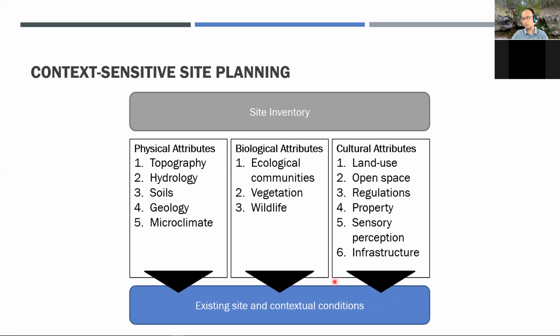And I need to remind you again that during the site inventory process, ideally you don't only consider what's in the site, you also consider the physical, biological, and cultural attributes of the surroundings.